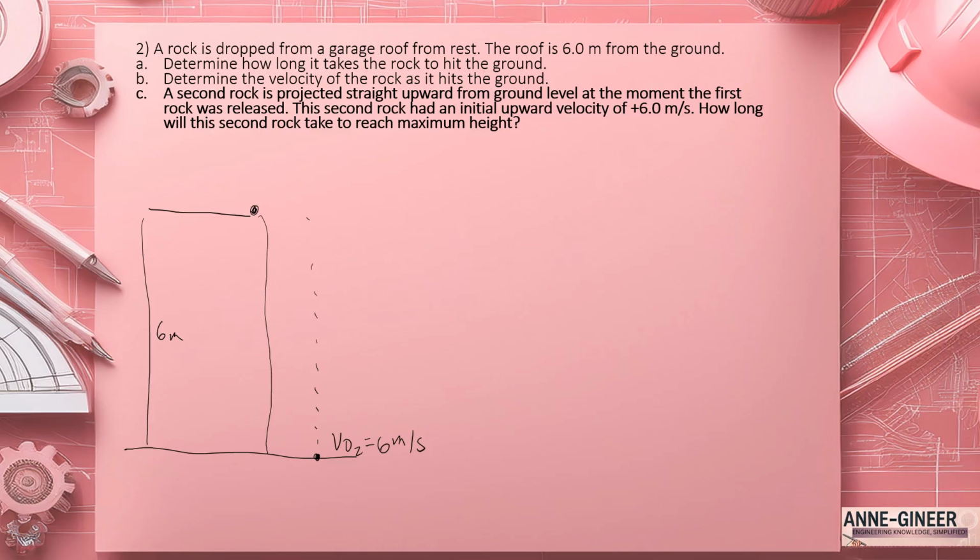At maximum height, the velocity is 0 meters per second. So we can use the first formula, which is v is equal to v0 plus a t.